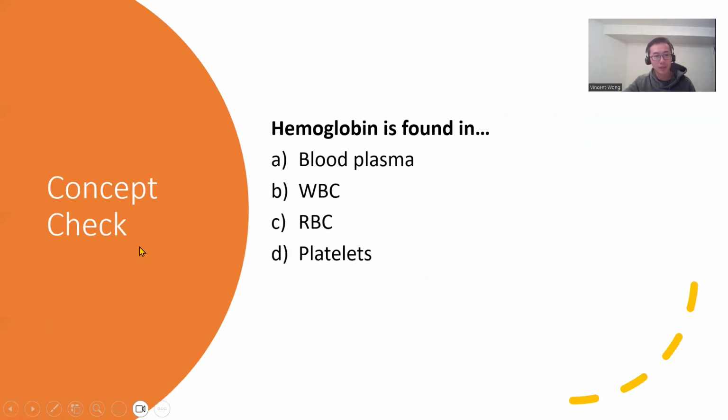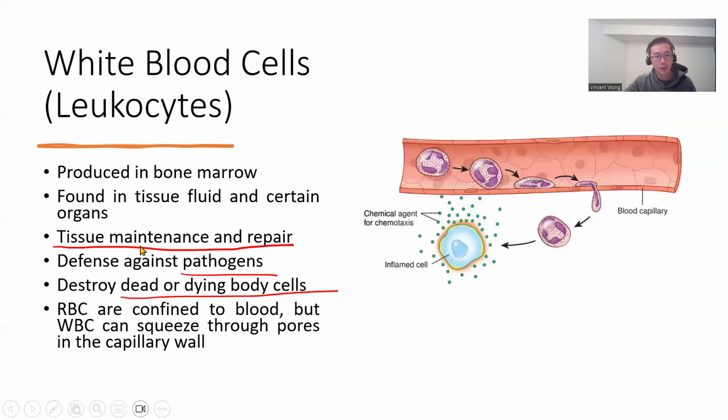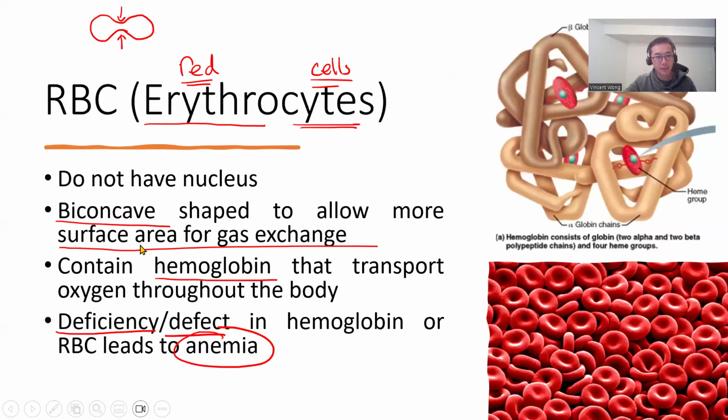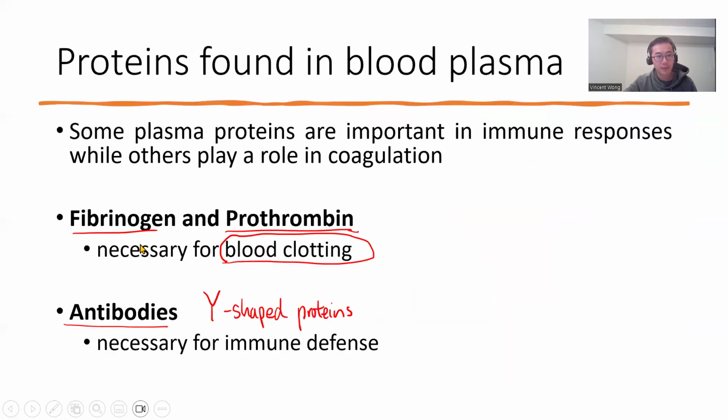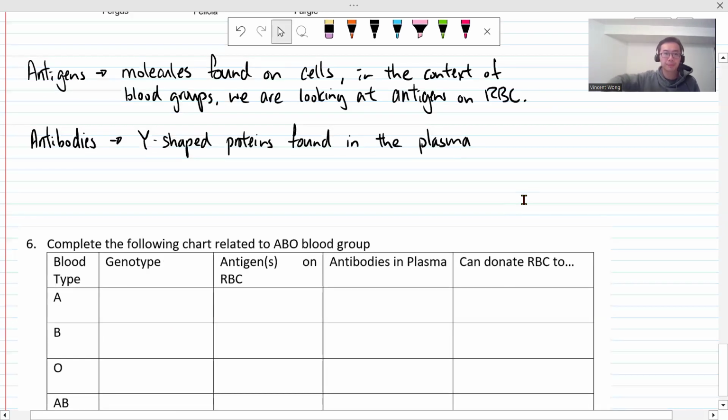Let's go back here just to show you so that you remember where to find it later. Right here. Some plasma proteins are important in immune response while others play a role in coagulation. Antibodies are found in the plasma. But you guys are correct, the B cells, the lymphocytes, make the antibodies. But once you make them, they are going to be in the plasma. Okay.